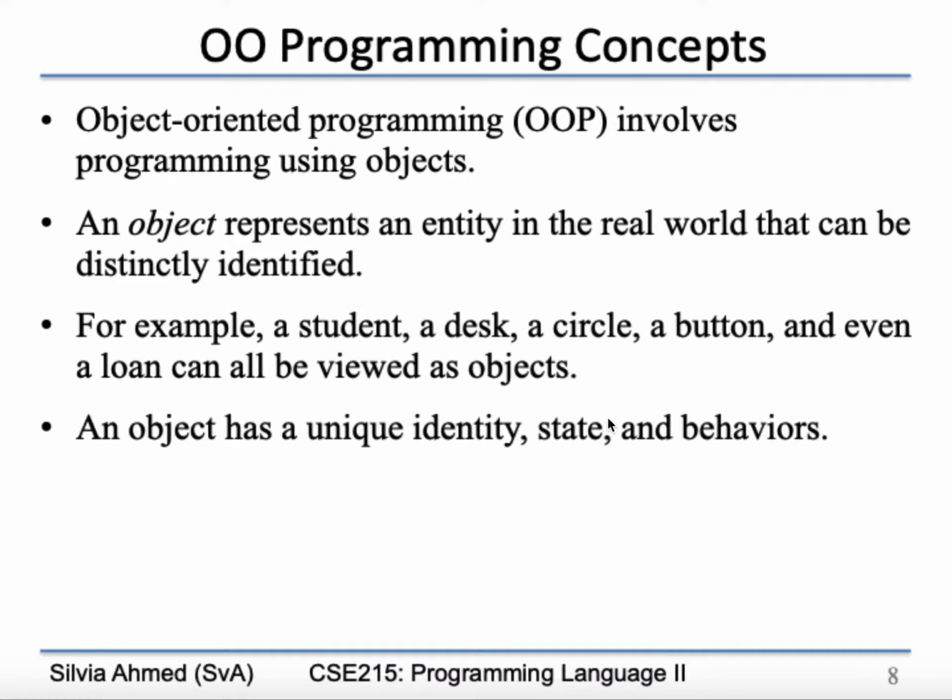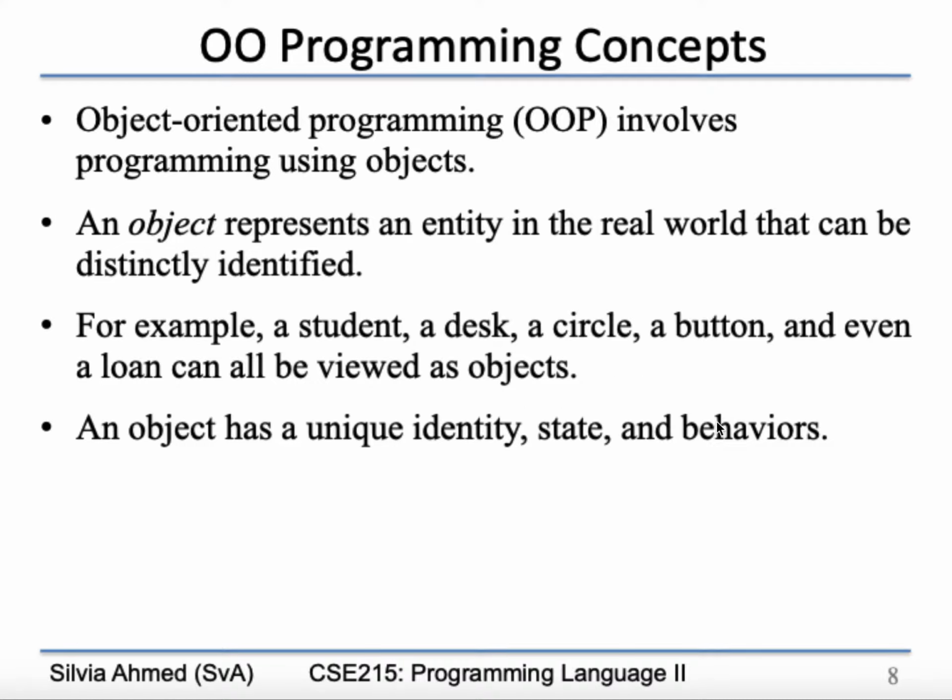It can have some state. So what can be the state of the loan? It can be the amount of the loan, the interest rate, the duration of the loan, and how much has already been repaid. These are the states of a loan.